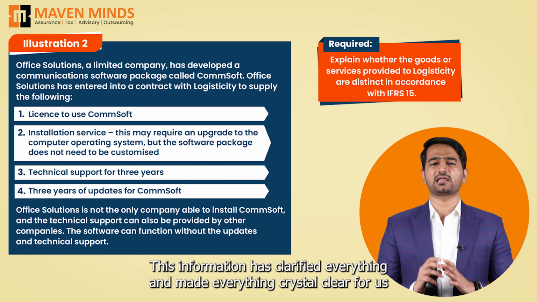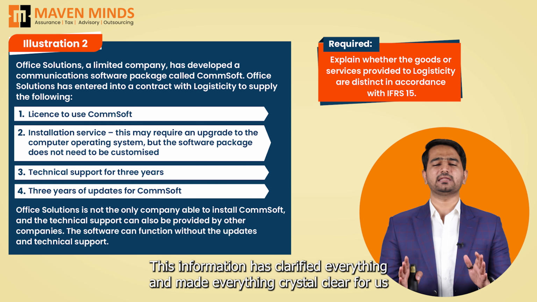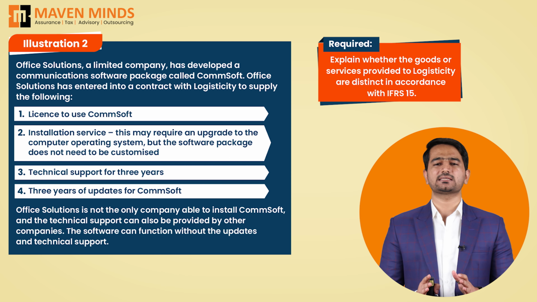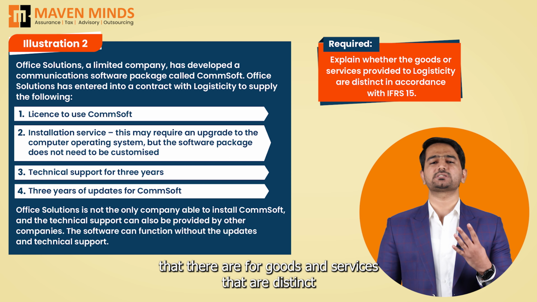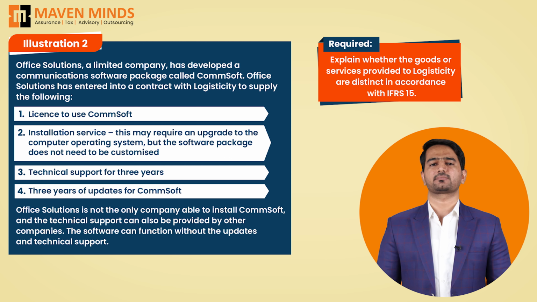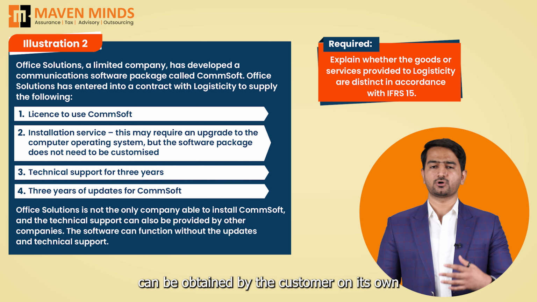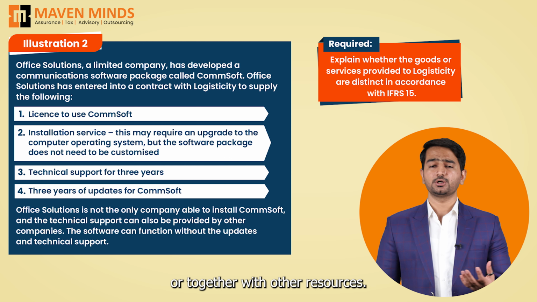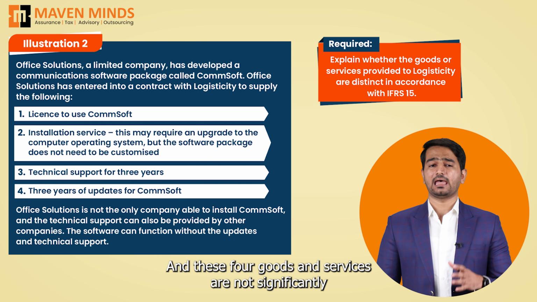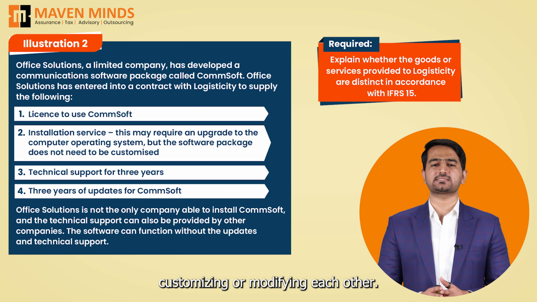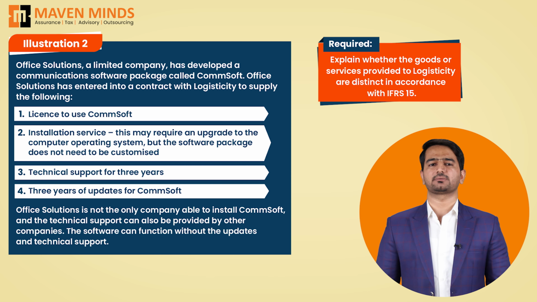This information has made everything crystal clear for us that there are 4 goods and services that are distinct. Because the economic benefit of these 4 goods and services can be obtained by the customer on its own or together with other resources, and these 4 goods and services are not significantly customizing or modifying each other.